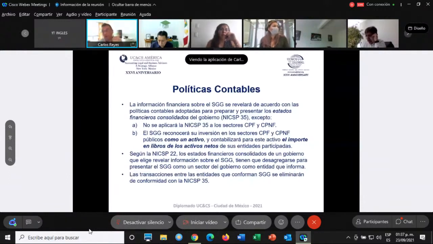They decide to disclose general government sector, so they need to disaggregate to present the federal government as a government sector which is reporting. This is going to be the consolidated entity, and that's what we know from SMEs. So those that make up the general government will be according with NICSP 35.